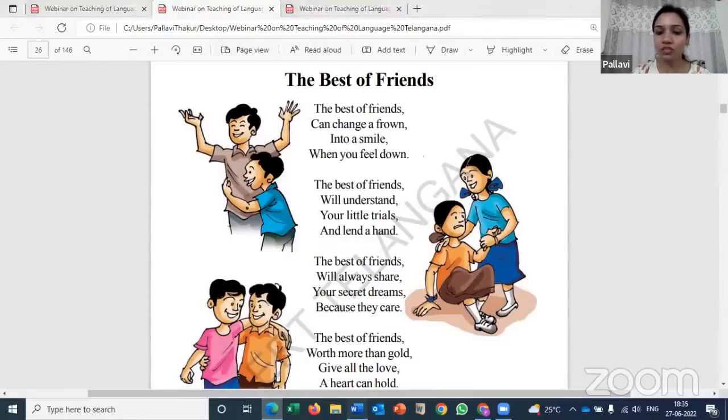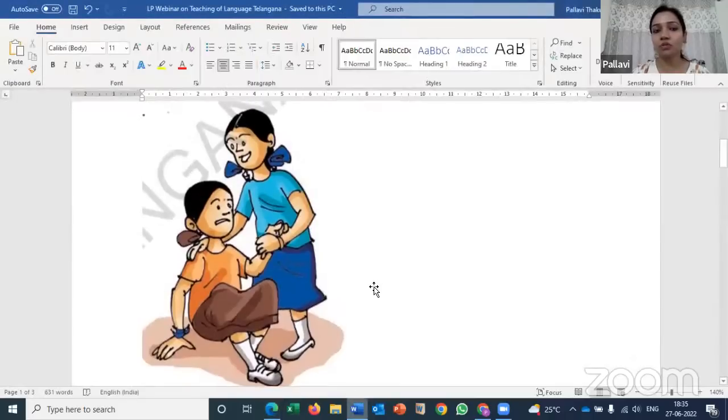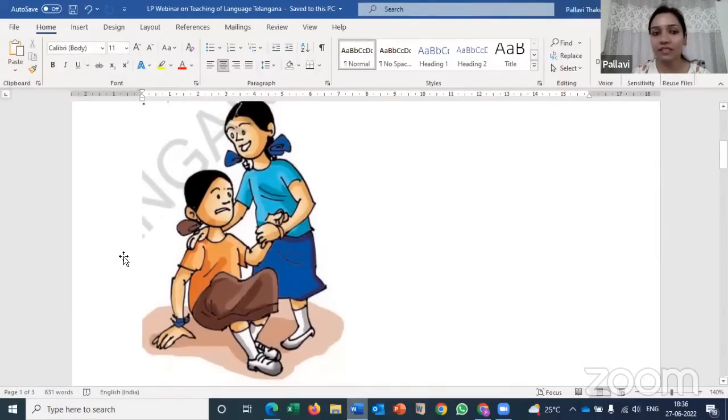When you draw your children's attention to this picture, you can ask them, what do you think is happening in this picture? Your students might say, oh, this girl has perhaps fallen, or perhaps this girl is ill, and the girl in blue is helping the other girl. Maybe they are friends. The girl in blue is smiling and helping this other girl who seems to have fallen.